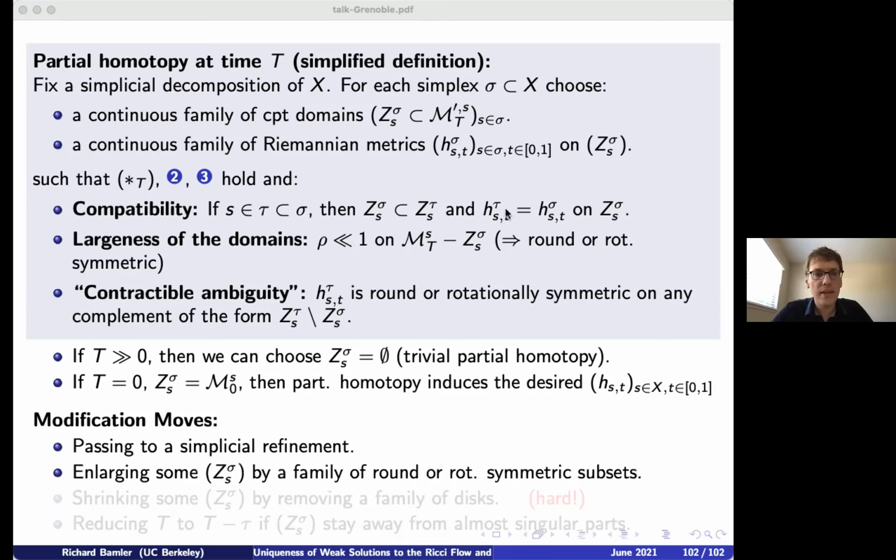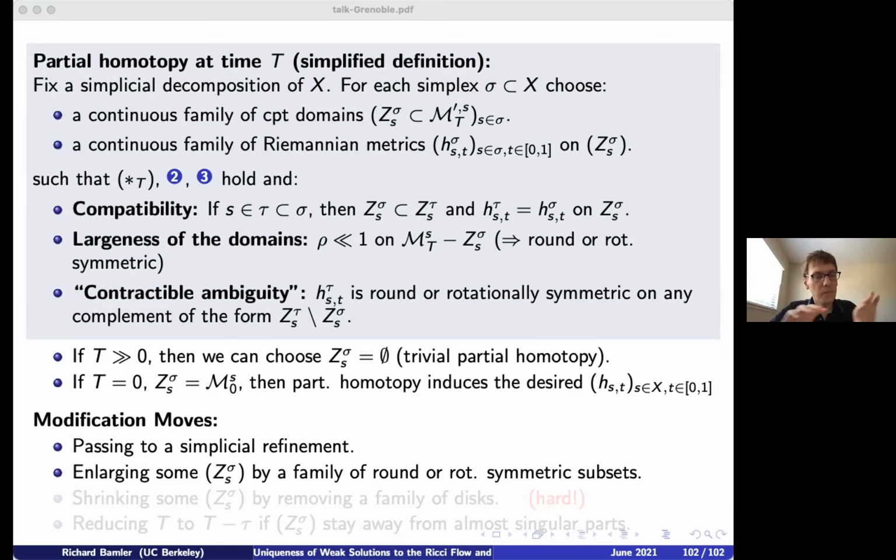We can also enlarge Z sigma S by a family of round or rotationally symmetric subsets. This is important when we pass through a neck pinch. After we've passed through a neck pinch, we have this neck that we need to add back into Z sigma S, and we need to do this from time to time.